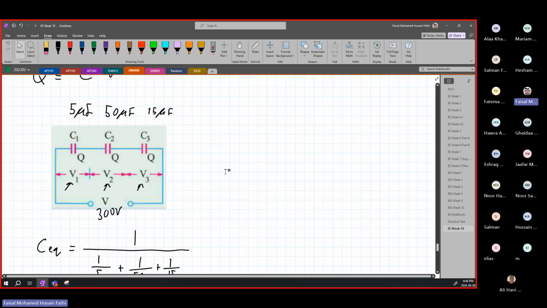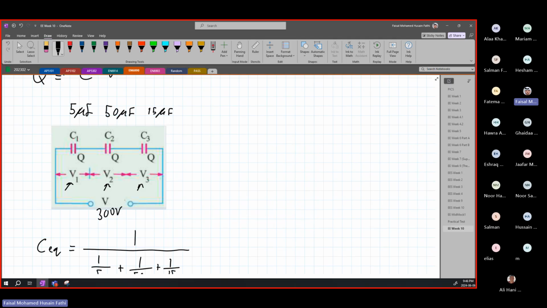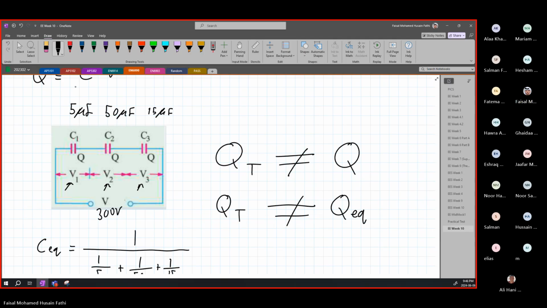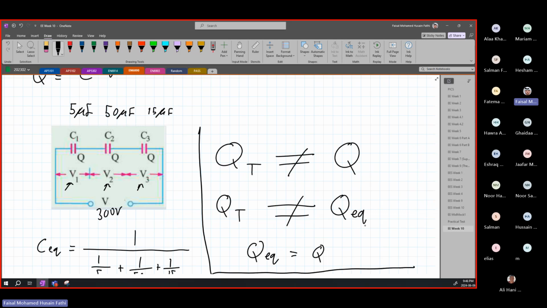Just keep in mind one thing in series circuit. Q total is not equal to Q. Also, Q total is not equal to Q equivalent. But Q equivalent is equal to Q. This is a very important thing to understand.